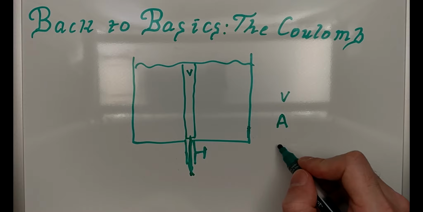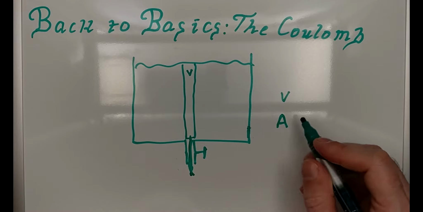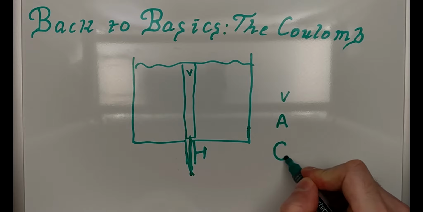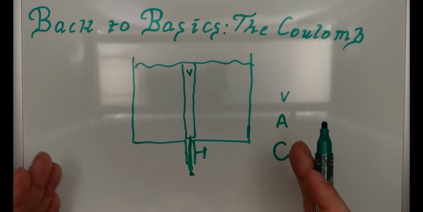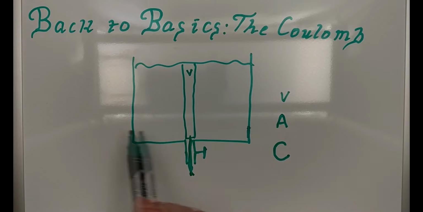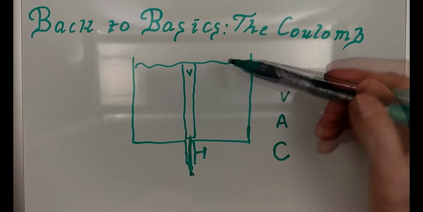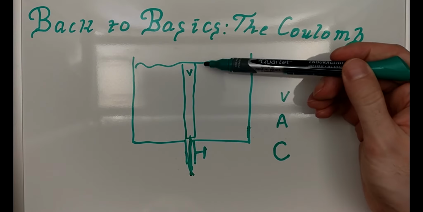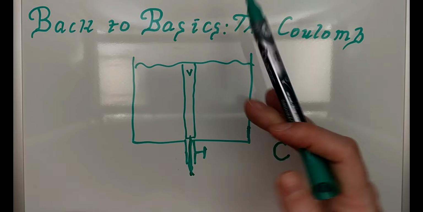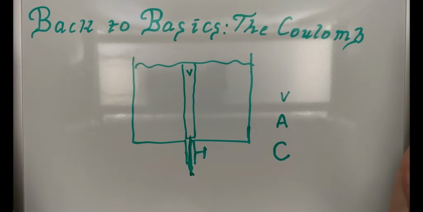Then when we talk about coulombs with this analogy, we're going to talk about how much water we actually physically have. So we can increase the number of coulombs we have, of course, by filling this to a deeper level or by widening it.